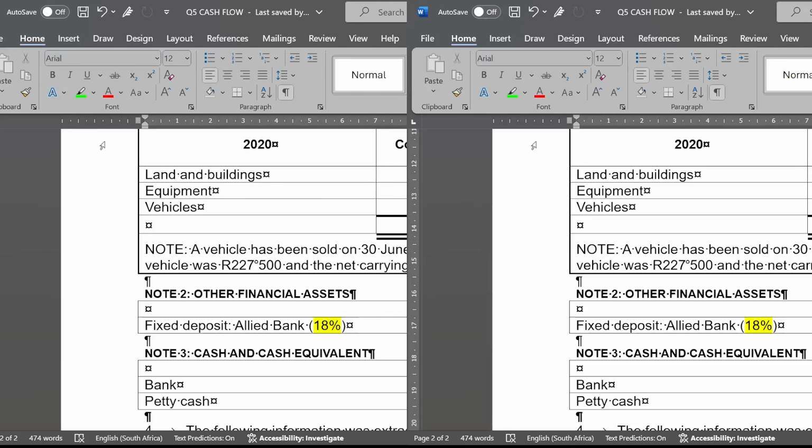The cost price of that vehicle is 227,500, and the net carrying amount is 120,000. Now we need the depreciation for the year for only this vehicle that was sold. How do we do that? Remember, to get the depreciation, you take cost price minus accumulated depreciation.